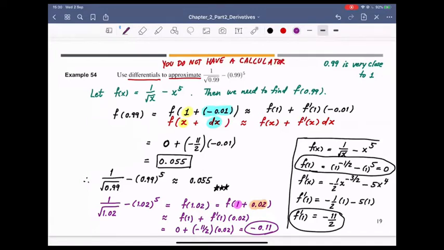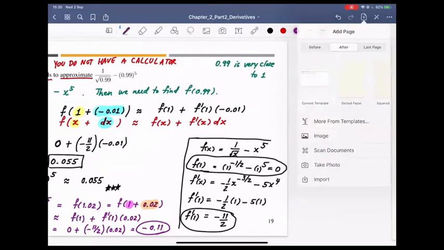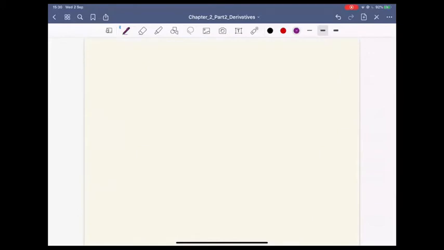If you still do not understand, let me show you another example here. Let's say f of x is equal to square root 5 minus square root x, and let's say I want you to compute square root 5 minus square root 0.84.